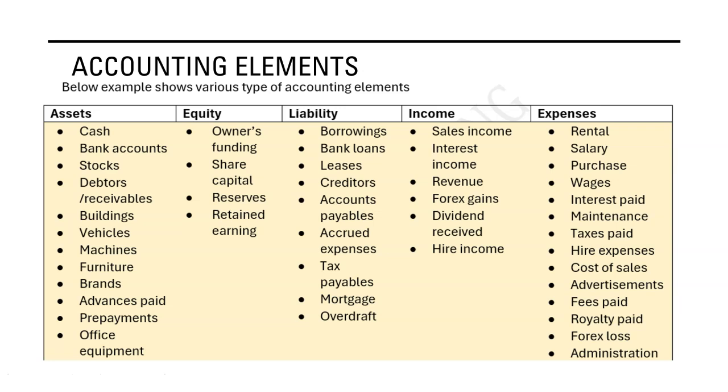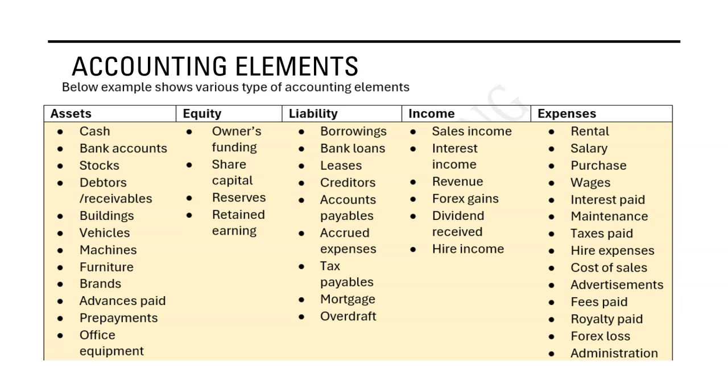Income, basically the main income, includes sales income, revenue, interest income, dividend income, hire income, construction income, so we can list it down.